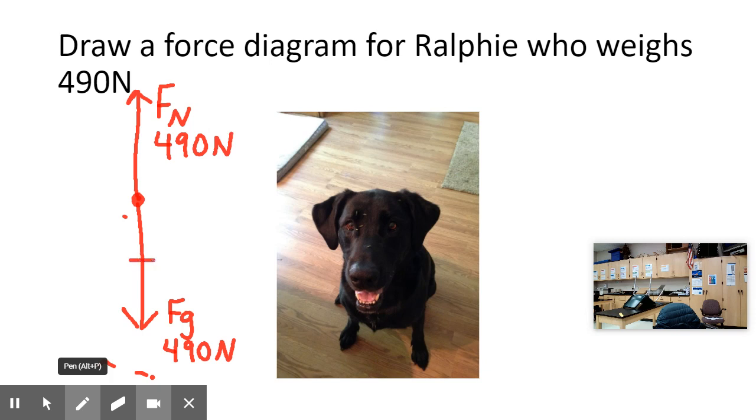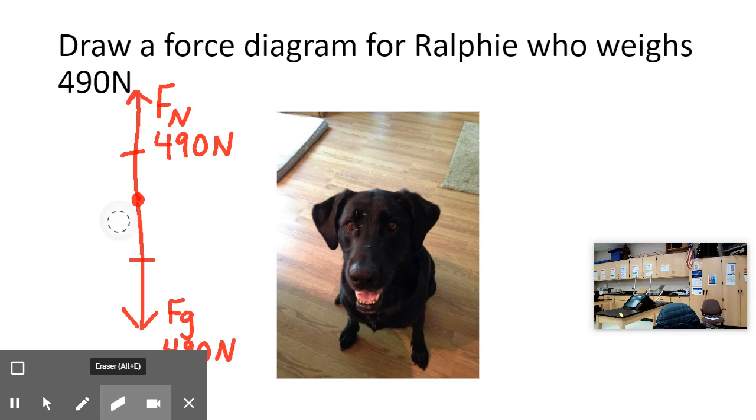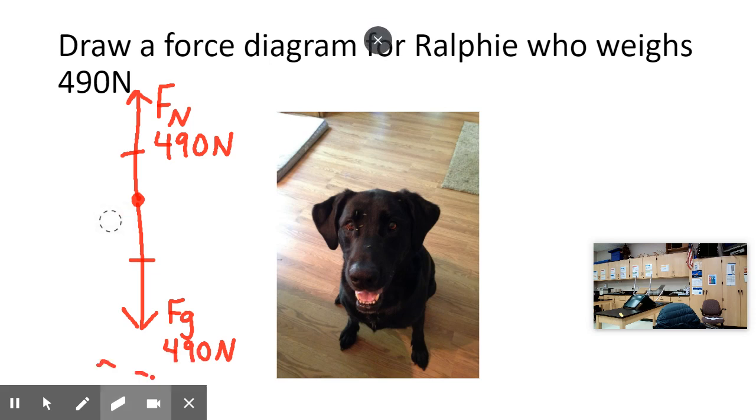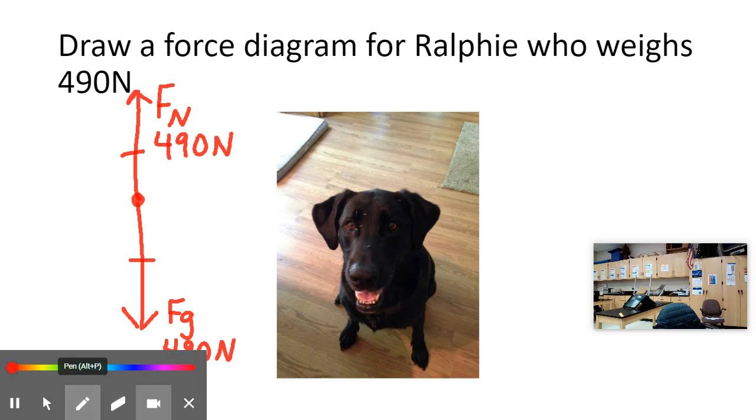And I'm going to put my equality marks here because it is equal and opposite. All right, so that is a force diagram for Ralphie. Kind of getting back in the swing of things a little bit, right?